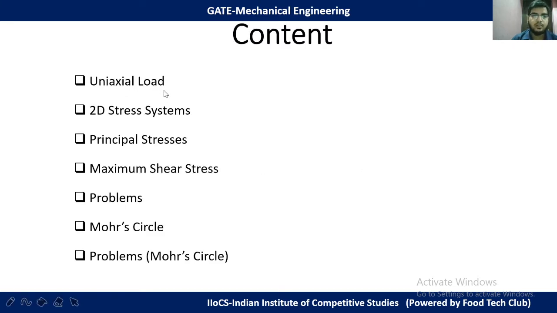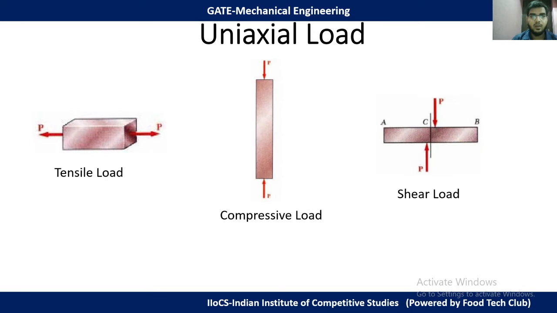So today's topics are uniaxial load, two-D stress system, principal stresses, maximum shear stress, and related problems, and then Mohr's circle and related problems. So we all know that when a uniaxial load, which can be in the form of tensile load, compressive load, or shear load, applies, a uniaxial stress is formed within the material.